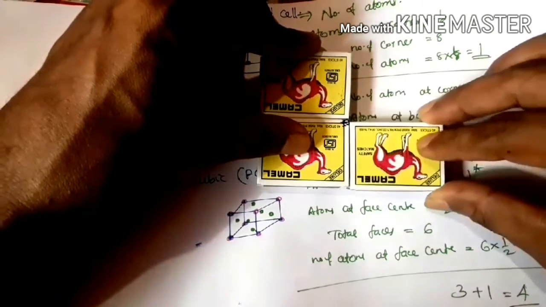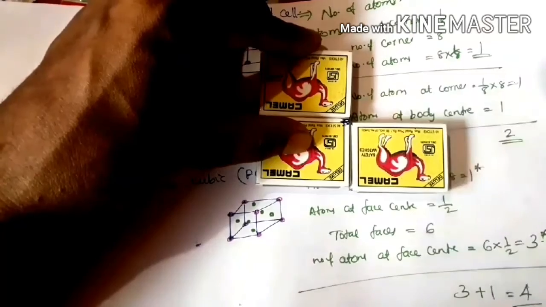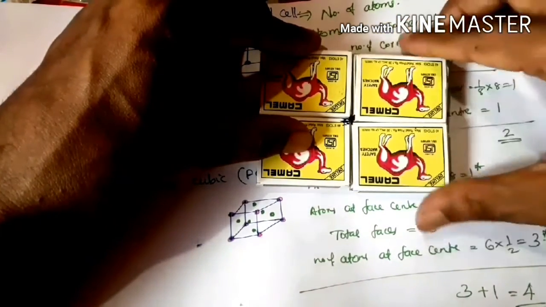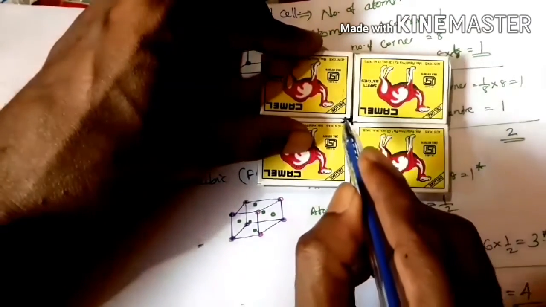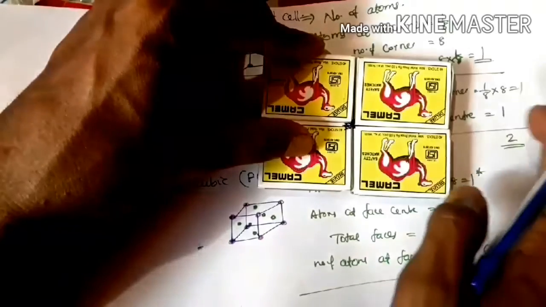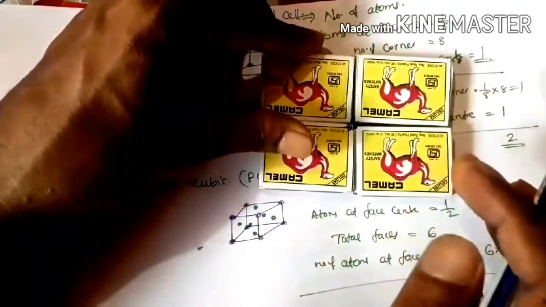This atom present in the corner is also shared by this second cube, by the third cube, and by the fourth cube. Therefore, an atom present in one corner is shared by 4 cubes.